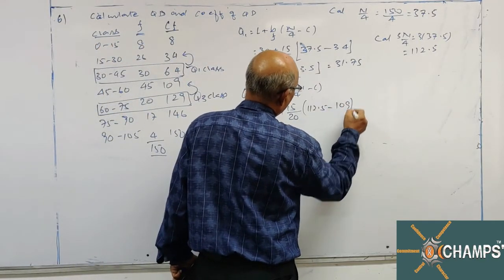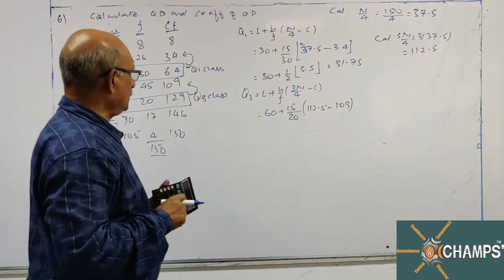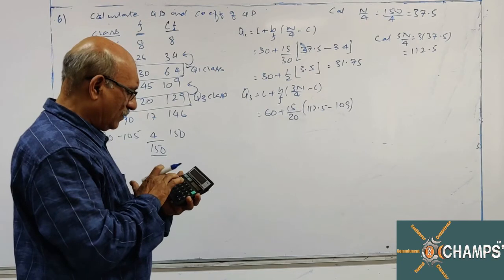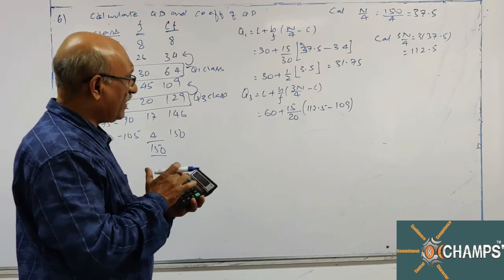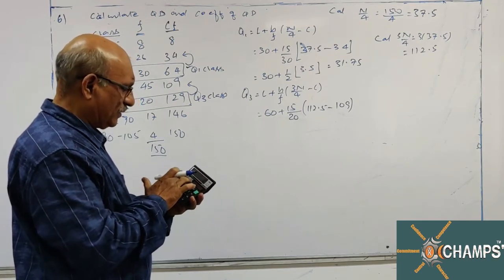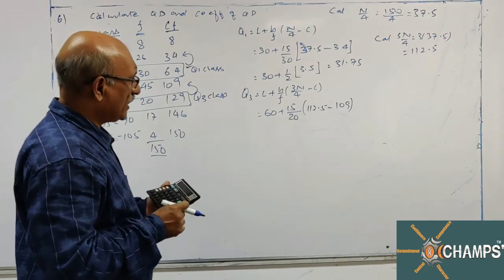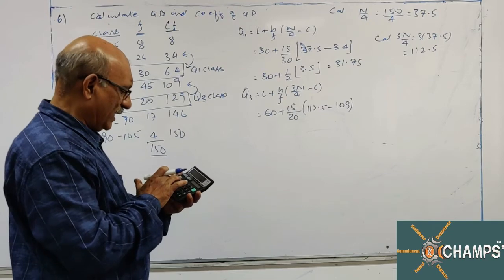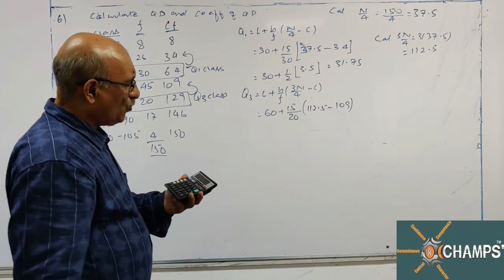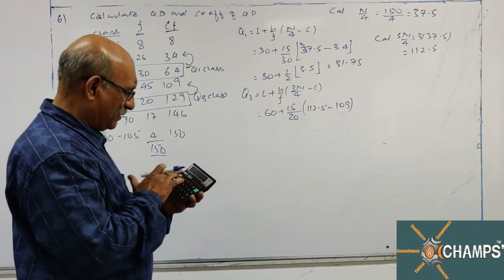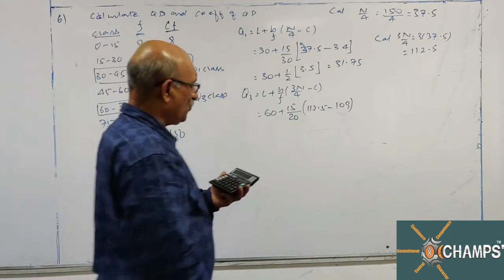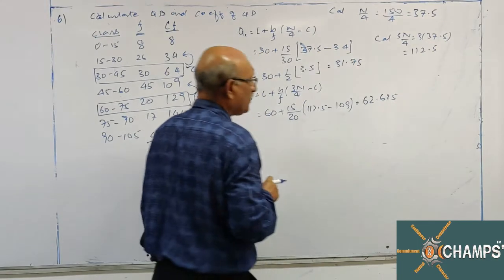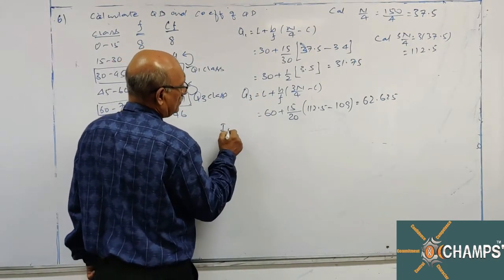This is 109. 112.5 minus 109 is 3.5, into 15, divided by 20. 2.625 plus 60 is 62.625.